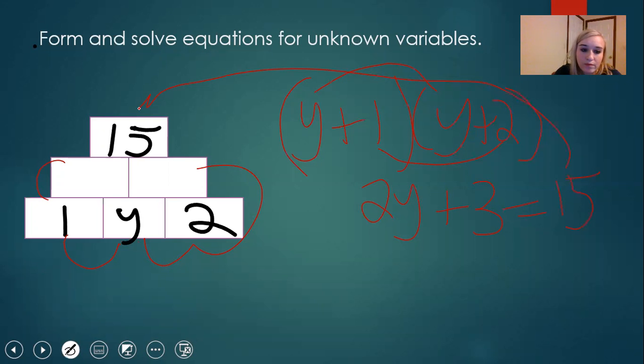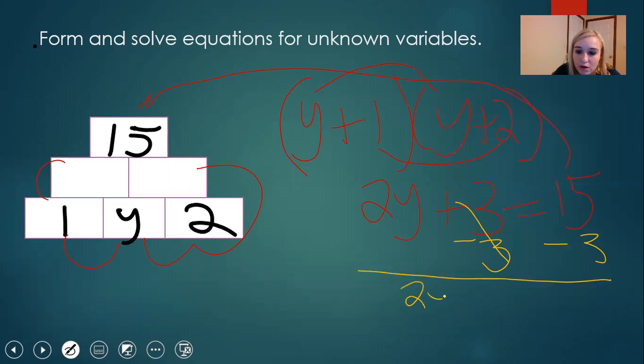And now we're going to try to solve this. So minus 3, that cancels out, minus 3, 2y equals 12. Divide, that cancels out. And 12 divided by 2 equals 6.